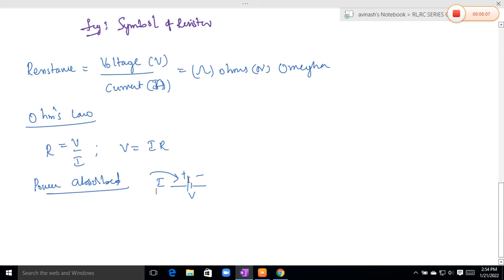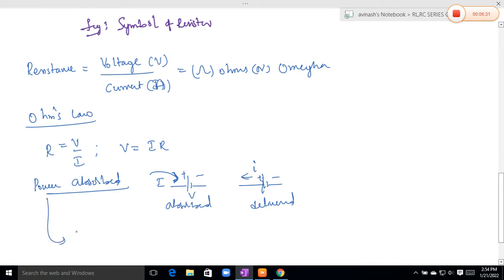Current reaching the plus, current incoming, that is called absorption. In the same way, if current is leaving from the plus, this is called delivering. You observe the change here.